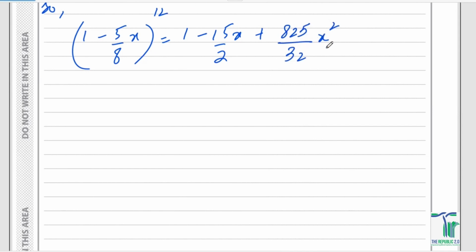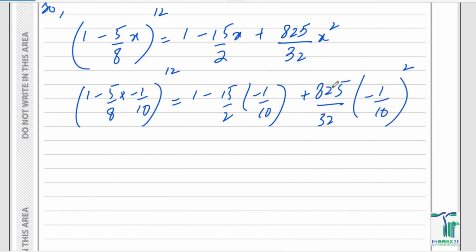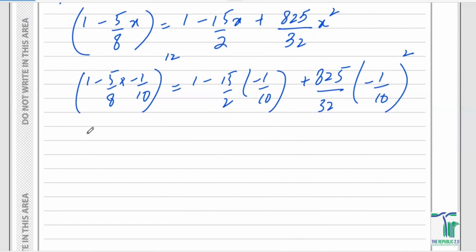And what I'm going to do after this is plug in 1 minus 5/8 times negative 1/10 to the power of 12, 1 minus 15/2 times negative 1/10, plus 825 divided by 32 times negative 1/10 squared, right? And after solving it down, I'll be having 1 plus 5/80, which is 1/16, of course.